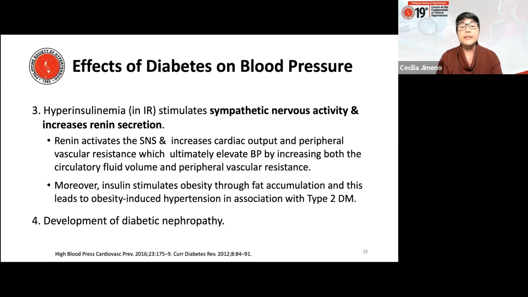Moreover, insulin stimulates obesity through fat accumulation, and this leads to obesity-induced hypertension in association with type 2 diabetes. And then much further on, as the hyperglycemia is uncontrolled, this can lead to complications in the kidney, and the development of diabetic nephropathy further leads to uncontrolled blood pressure.